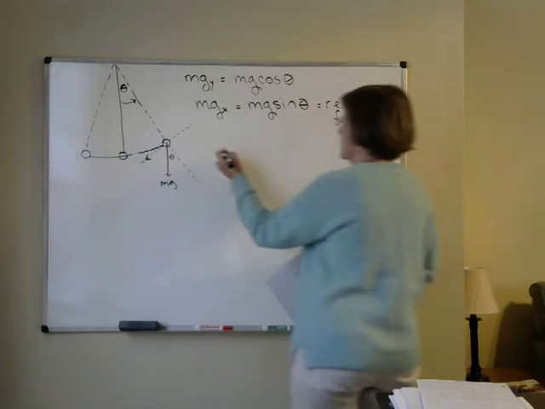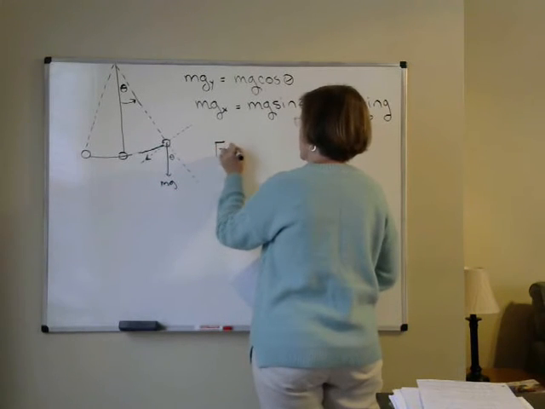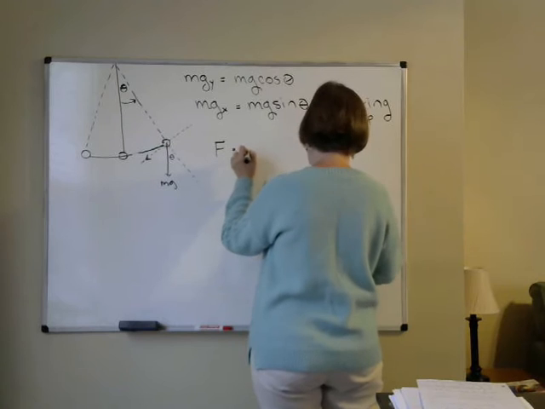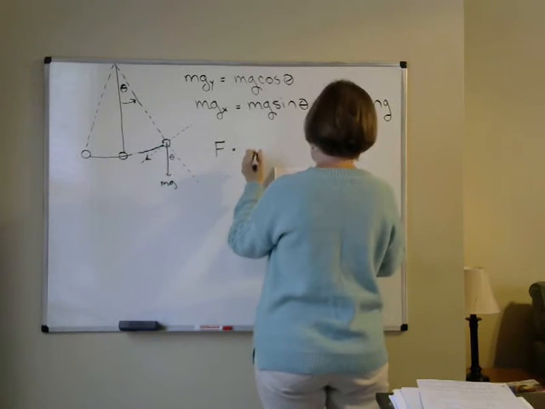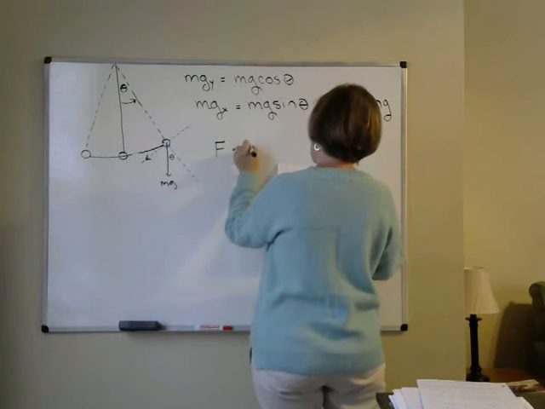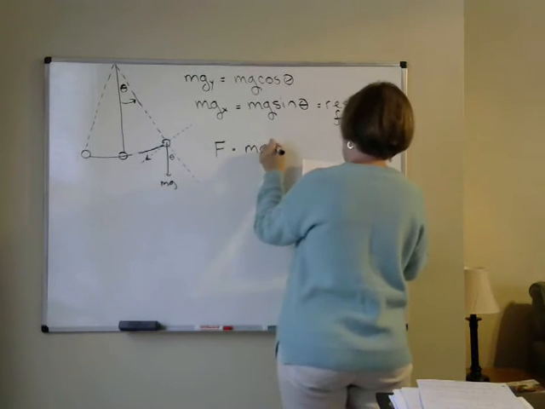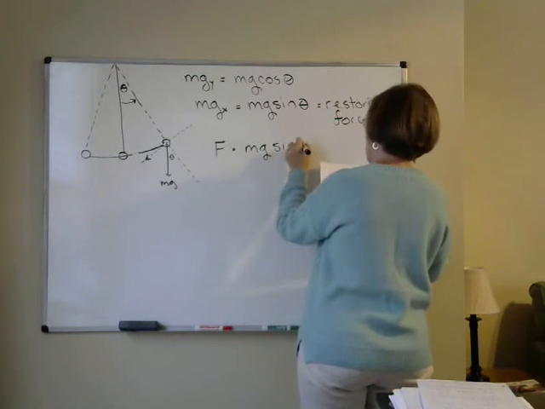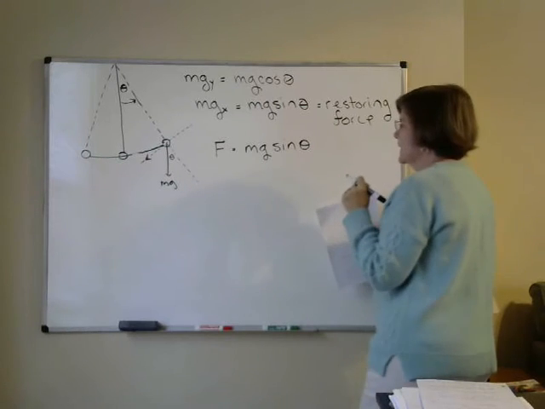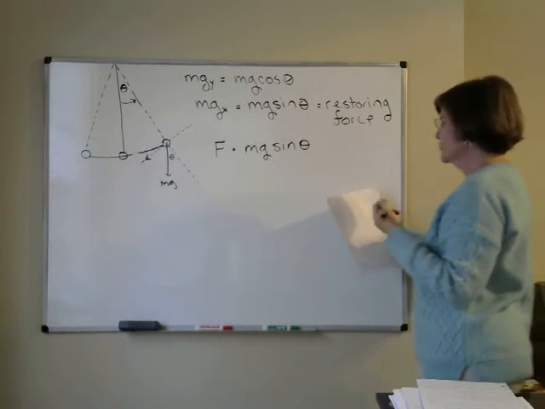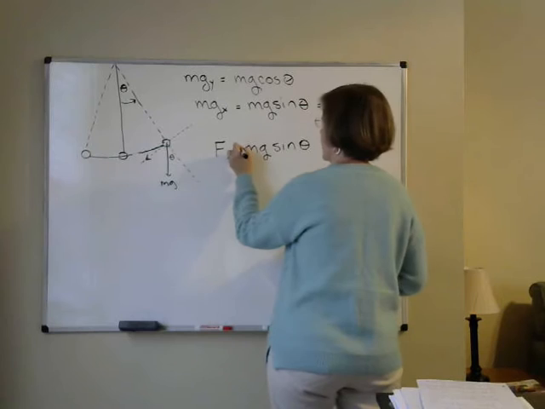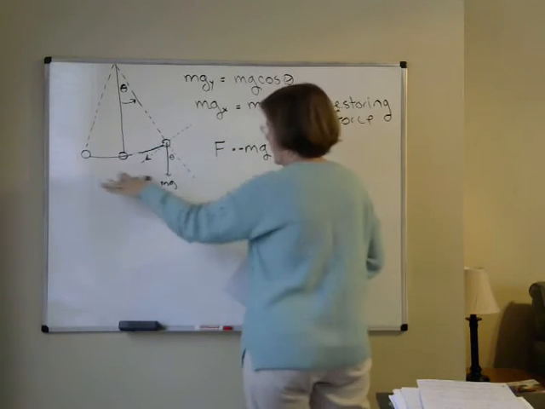So here's our situation. F equals mg sine theta. And actually technically it's going to be negative because it's going in that negative direction.